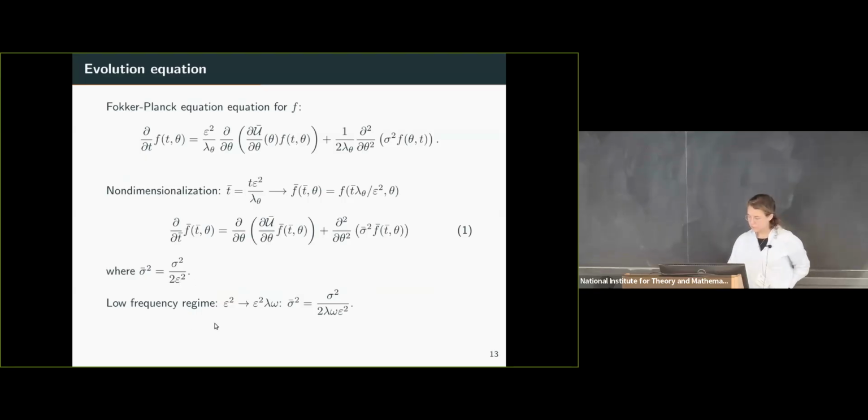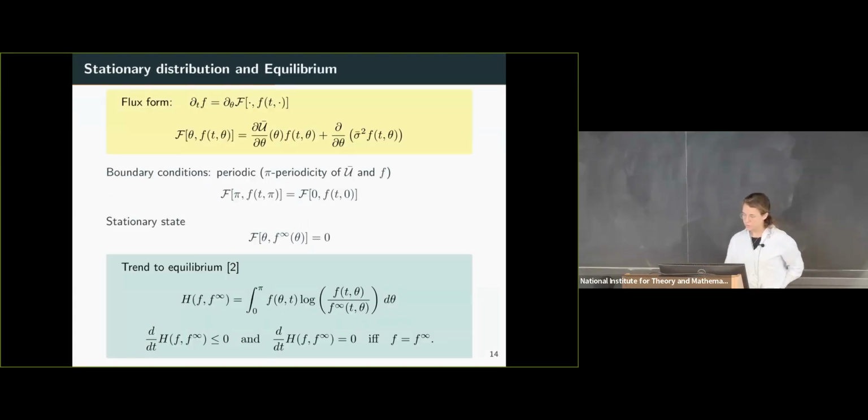In the low frequency regime, where your effective reorientation time is given by this quantity, we found this diffusive coefficient. So we actually found what we wanted in some sense.